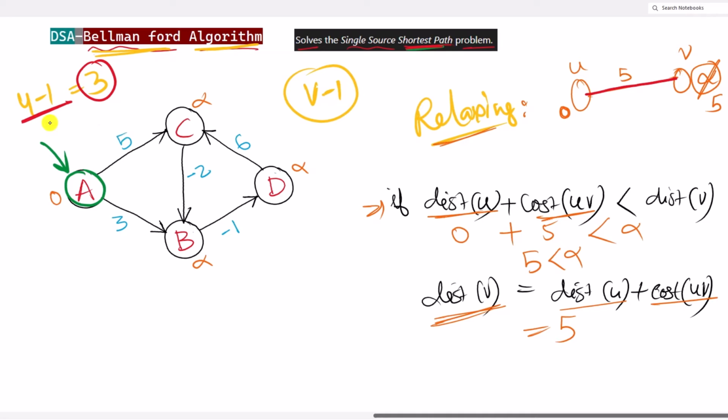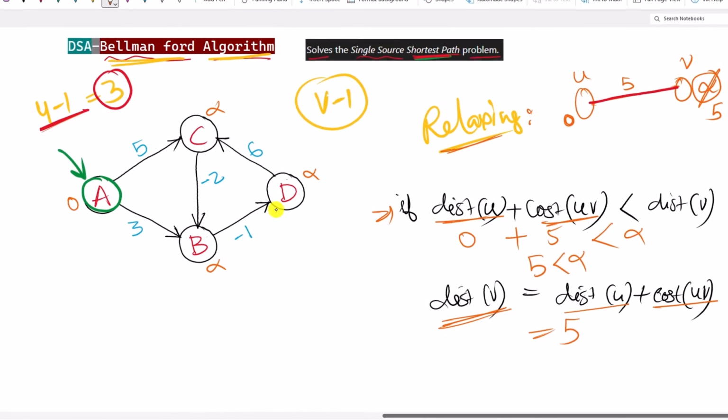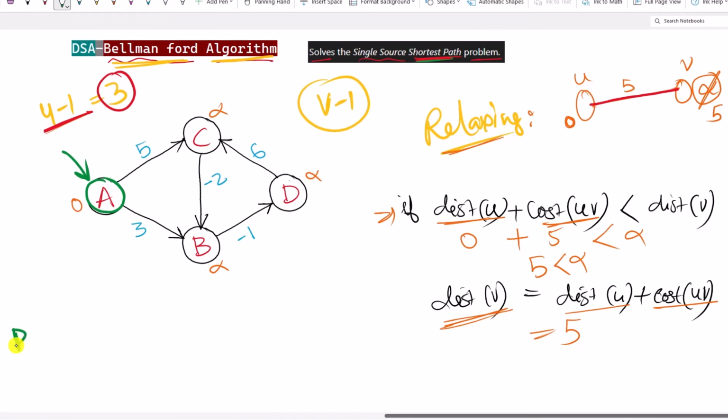We have to perform the relaxation for all the edges. First we perform R1, relaxation 1. For the edge AC, the distance of U is 0 and the cost of the edge is 5, so 0 plus 5 is less than infinite, so we update this to 5.